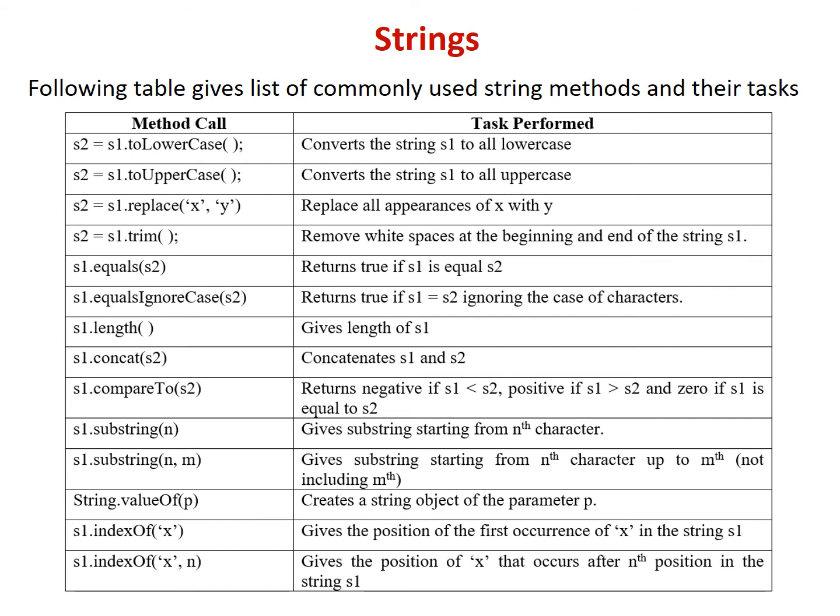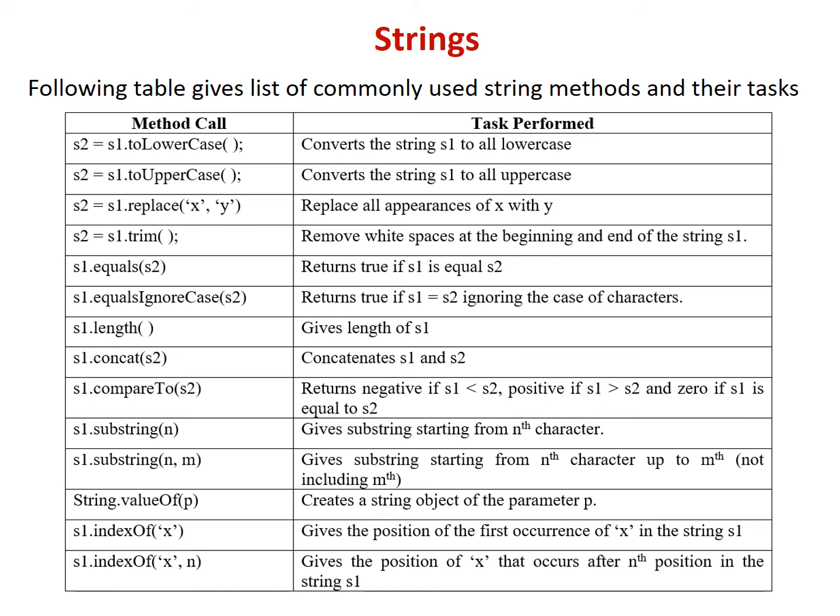Function equals returns true if two strings are equal. There is a method equalsIgnoreCase. This will return true if string 1 is equal to string 2, ignoring the case of characters. Function length will return the length of the string.